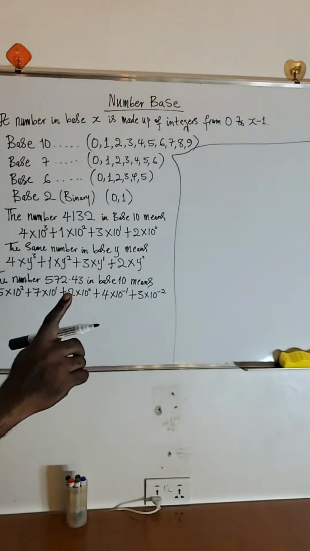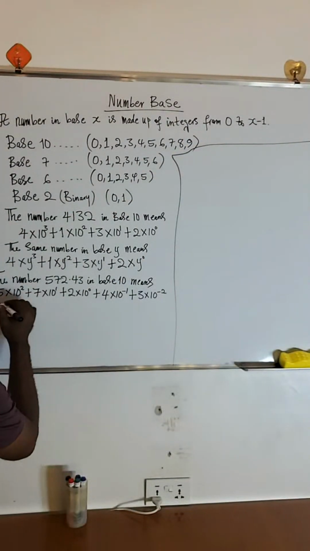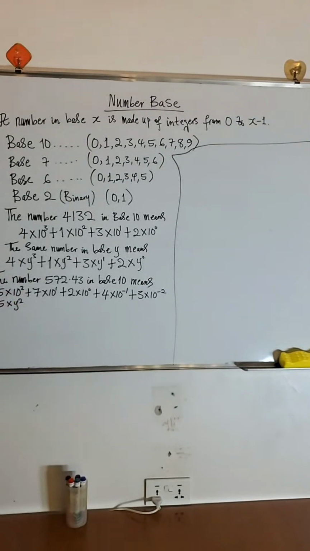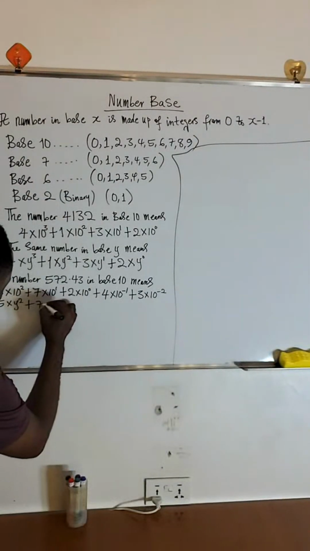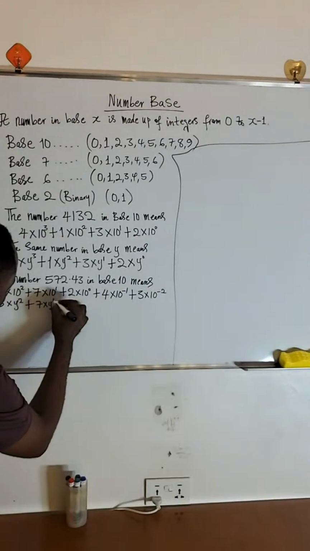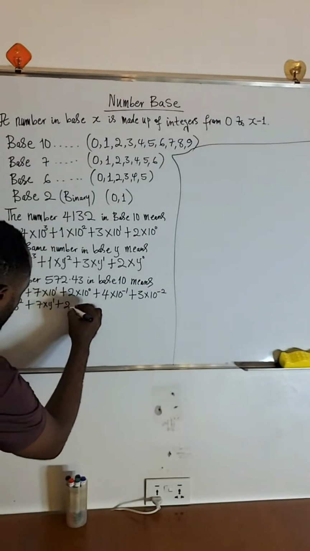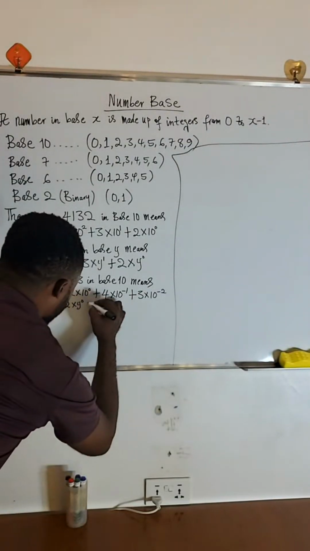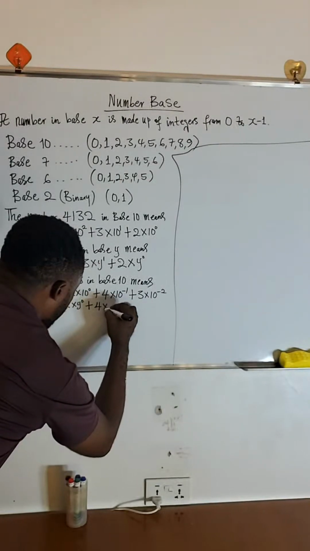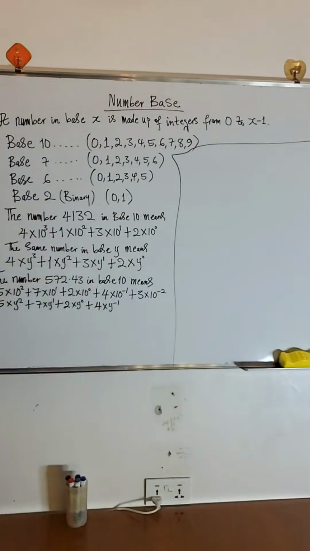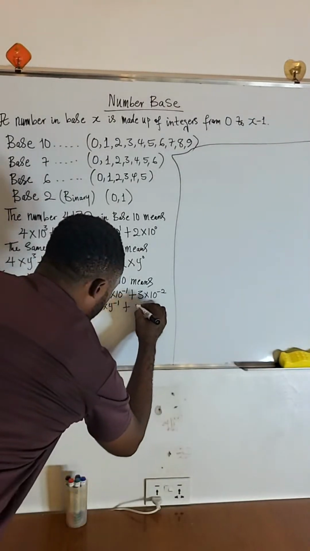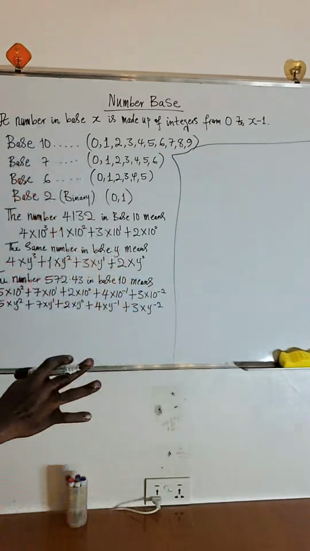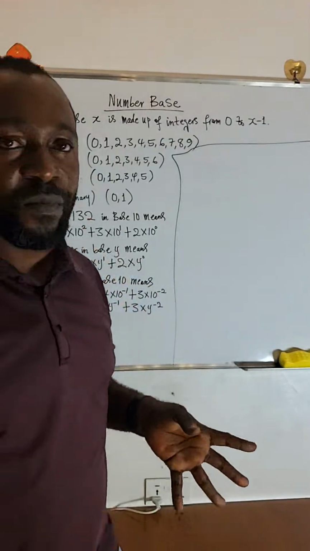This same number, if it is expressed in base y, that's going to be 5 times y raised to the power 2, plus 7 times y raised to the power 1, plus 2 times y raised to the power 0, and then plus 4 times y raised to the power of minus 1, plus 3 times y raised to the power of minus 2. All right? So that is it.